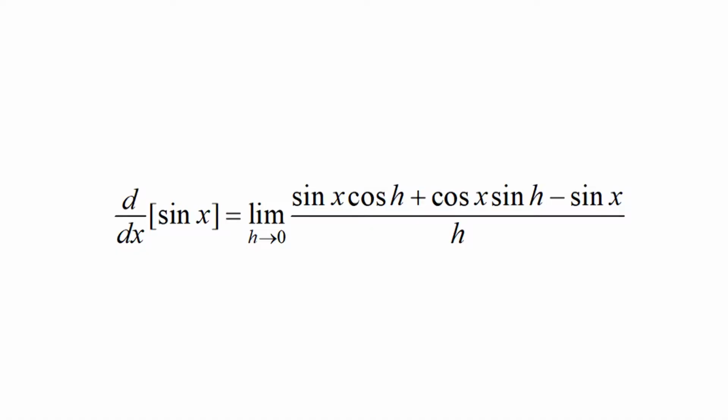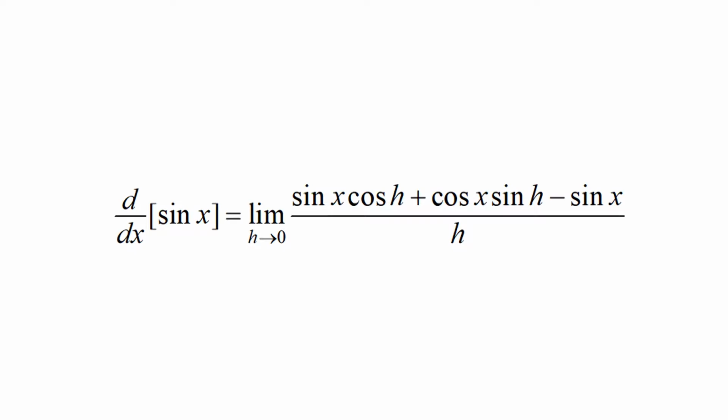Now, using the trigonometric identity sin of a plus b equal to sin a cos b plus cos a sin b, the above gives d by dx of sin x equals limit h tends to 0 of sin x into cos h plus cos x into sin h minus sin x whole divided by h.